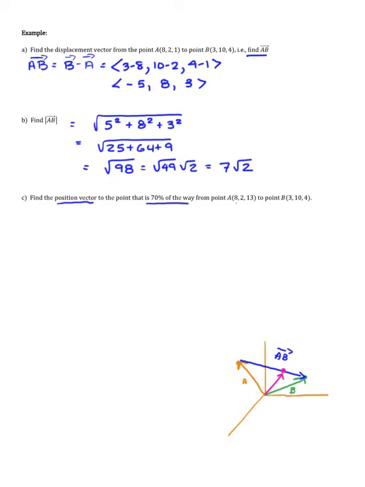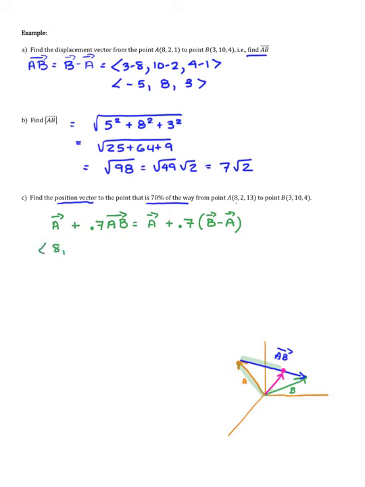We're going to go out through A and then add to that 70% of AB, and that will give us our resultant vector. So we're taking A plus 70% of the vector that goes from A to B, which is another way of saying we're taking vector A and adding 70% of the vector represented by B minus A. So that's what we're actually calculating.